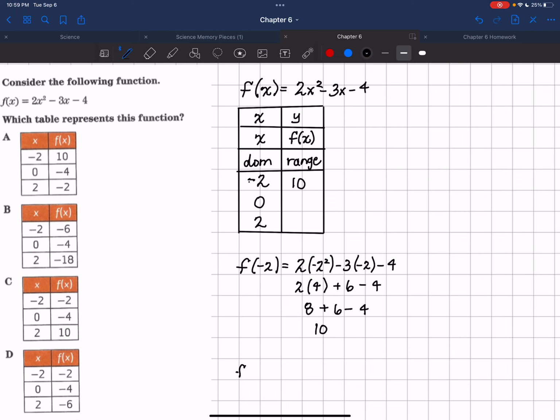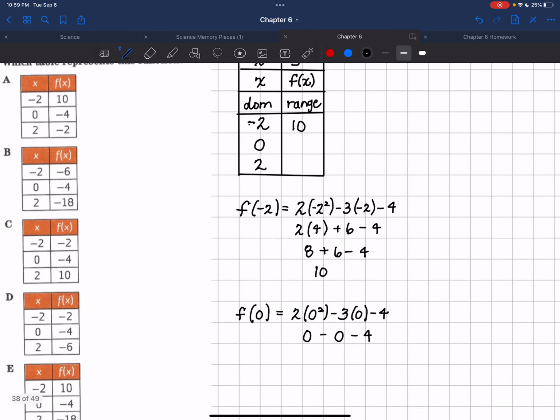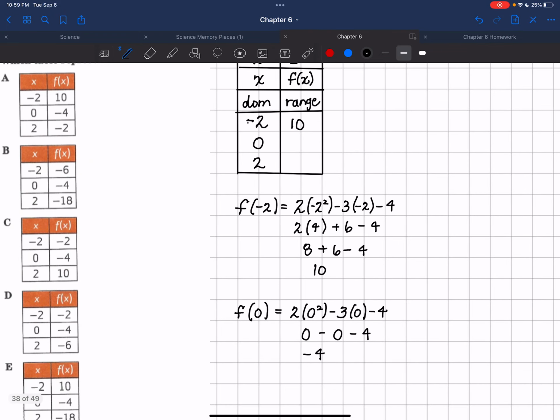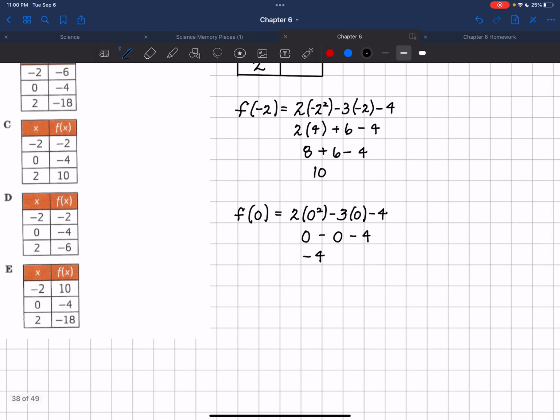When x is 0, so 2 times 0 squared minus 3 times 0 minus 4. So these terms zero out, and you are left with negative 4. And then when x is positive 2, now don't be tempted to say, oh, I already did that.